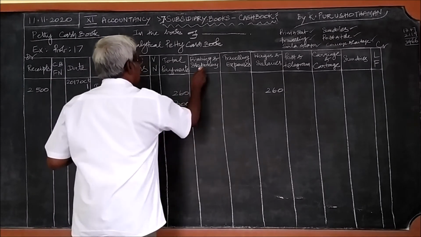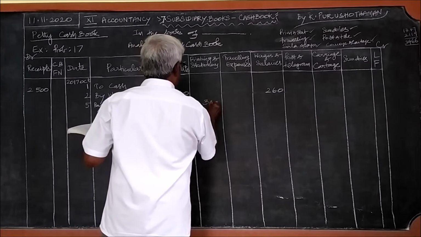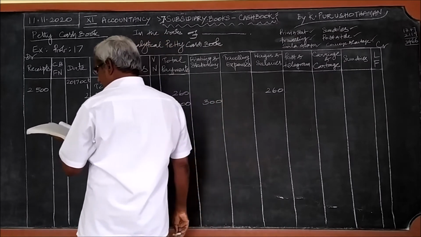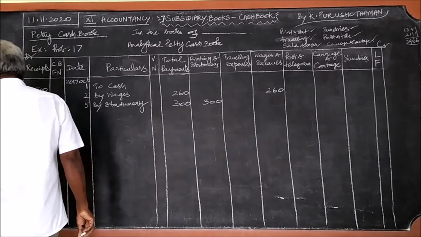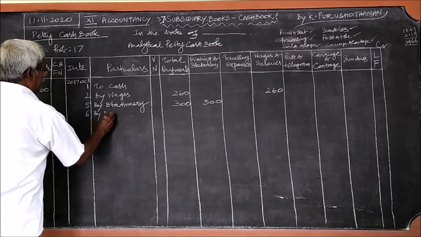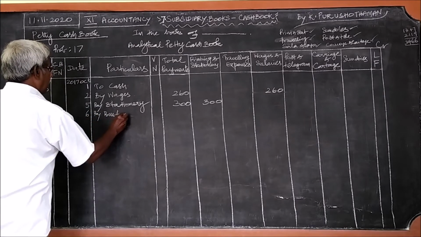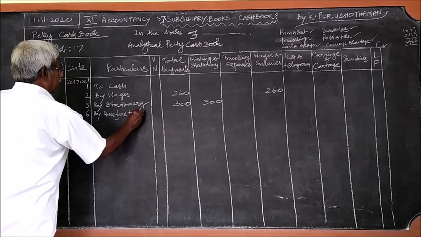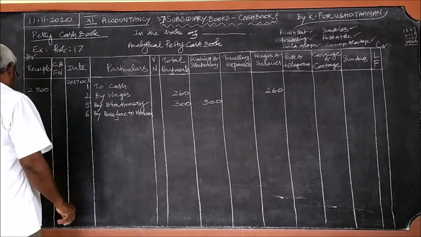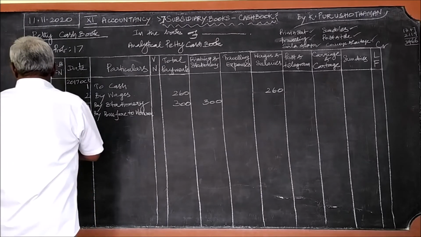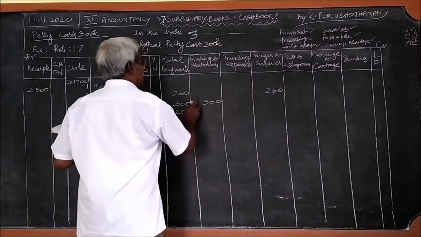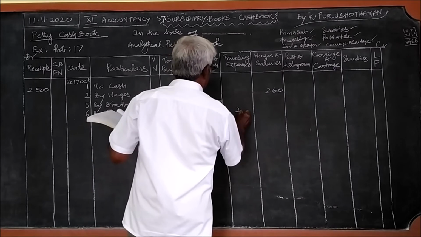Total 300. Printing and stationery also 300. Then bus fare to workmen on 6th, by bus fare to workmen, the amount is 200. In the total column 200, travelling expenses 200.